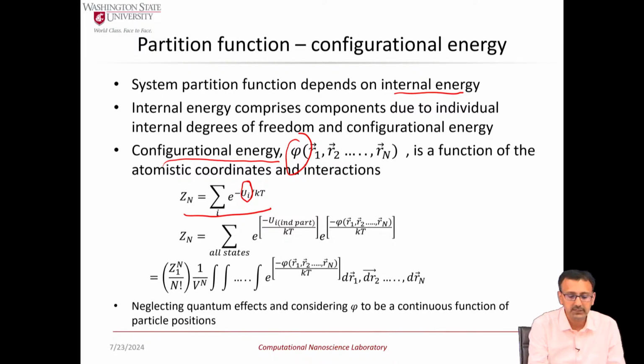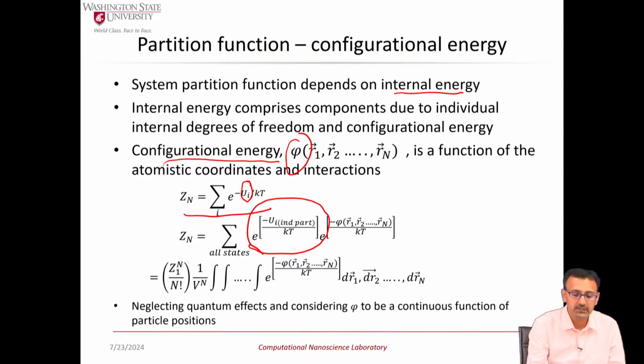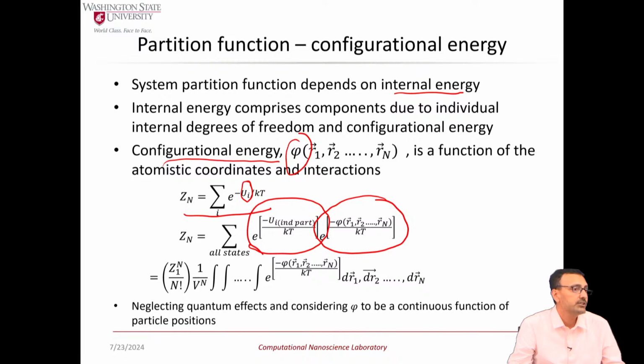So exponential function wise, it becomes multiplicative. We have this, which is from the internal degrees of freedom, pretending as if all these particles are independent of each other, and then there is a contribution from their mutual interaction.